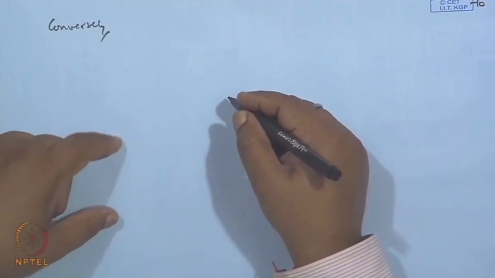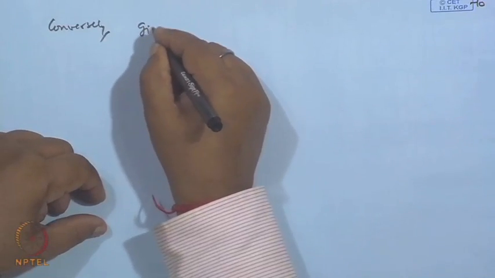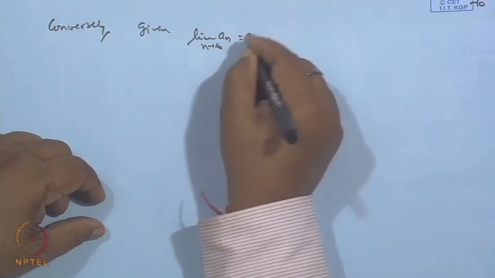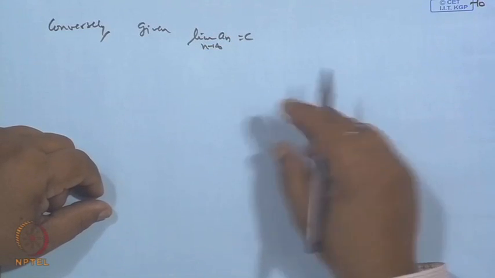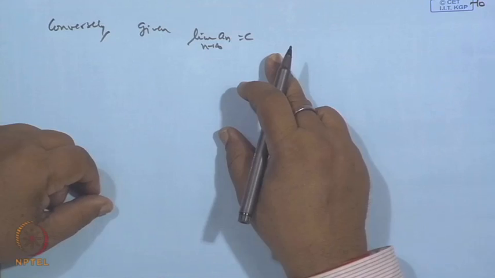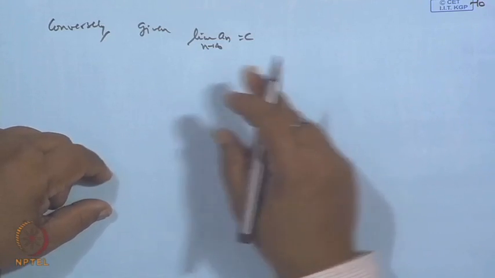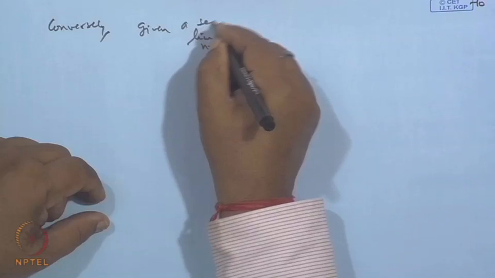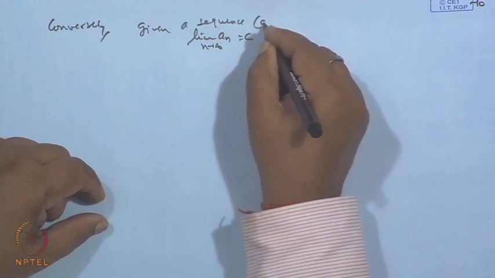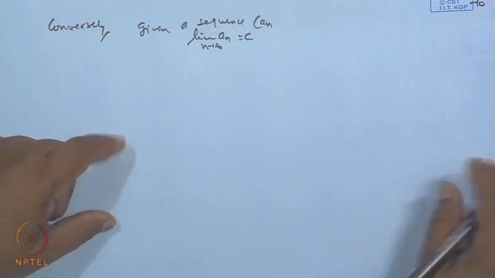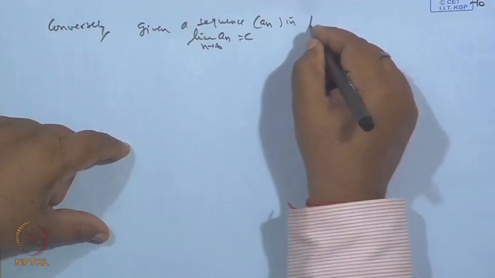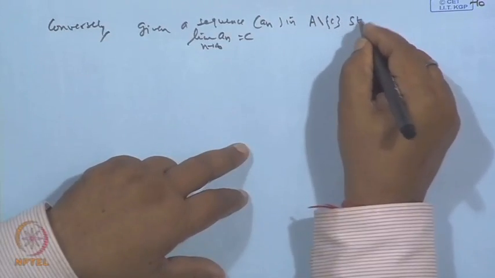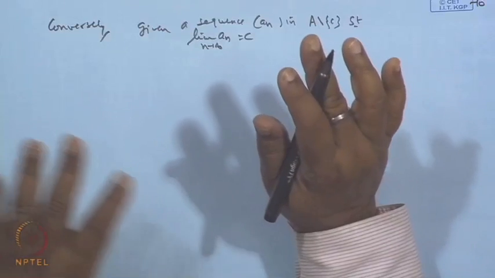Conversely, suppose the limit of a_n is given to be c, that is, the limit of a_n as n tends to infinity is c, which means there exists a sequence a_n such that the limit is c. So, conversely, given a sequence a_n in the set A minus c, such that the limit of this a_n is c, this is given.